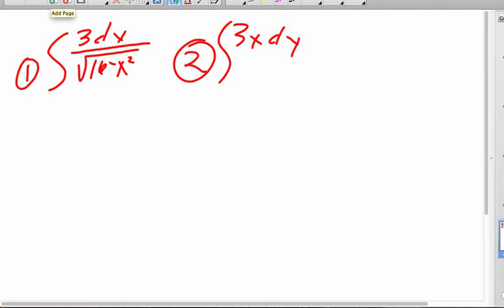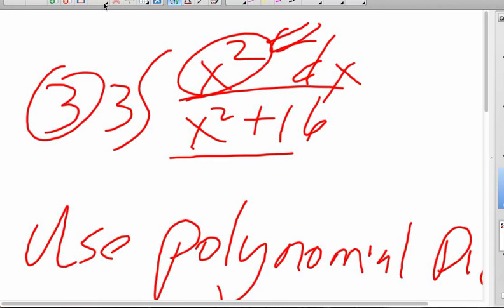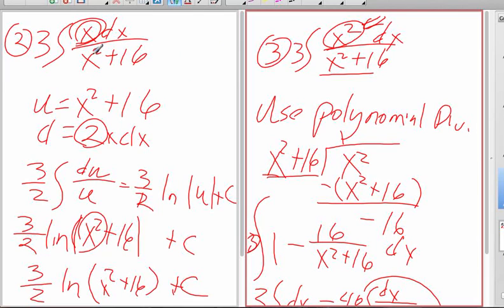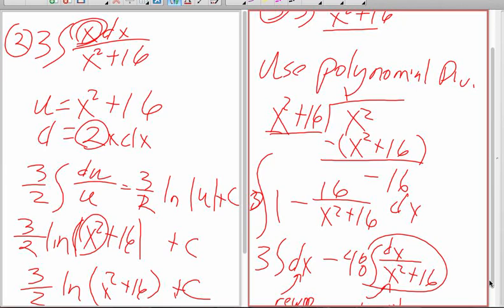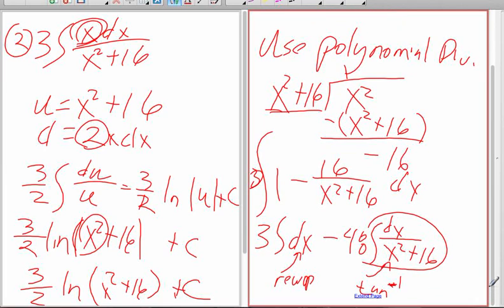Ooh, yeah. I remember to put my plus C at the end of that one. Well, I didn't finish it up. Don't forget, when you do both of these, combine both your constants of integration into one of them, please.